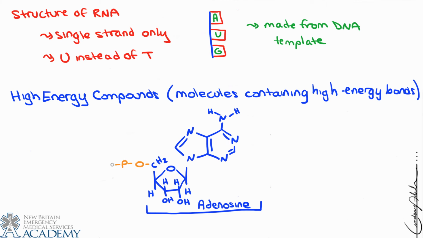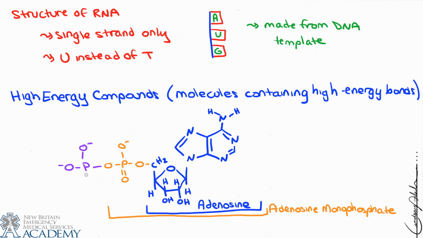So if we add one phosphate group, we'll call the molecule adenosine monophosphate. Monophosphate meaning one phosphate, and we'll just observe the pattern here. If we were then to add a second phosphate group, you can see that we'd be attaching the phosphate group to the previous phosphate group. And when we have two next to each other, we call that adenosine diphosphate, or two phosphates.